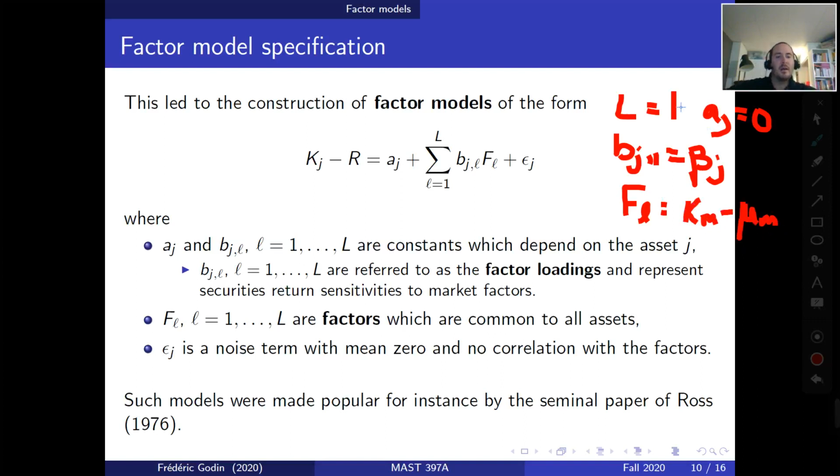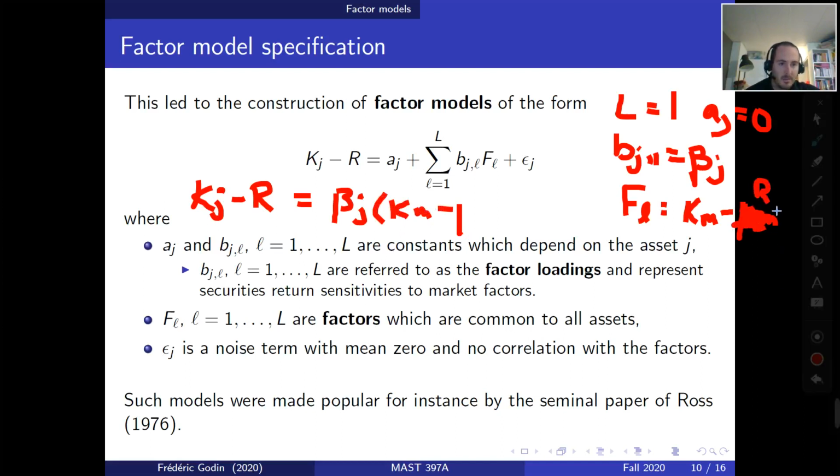If we plug all this in, then we obtain the following relationship: the excess return on the jth firm is equal to B_j1 times F1, so this is the beta of the firm, times R_M minus, this should not be mu M, this should be R. I made a mistake here.